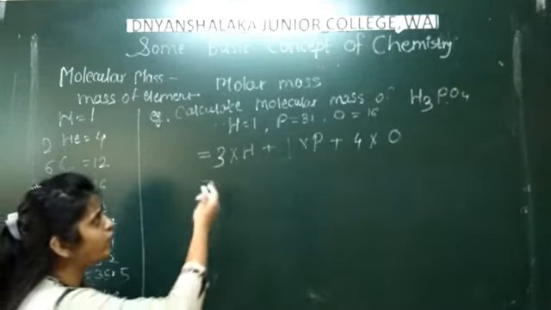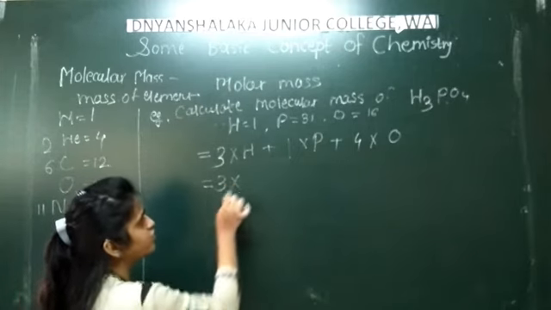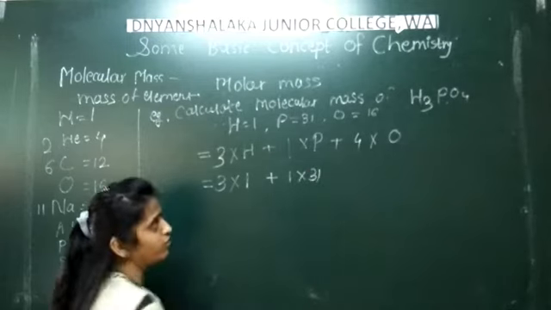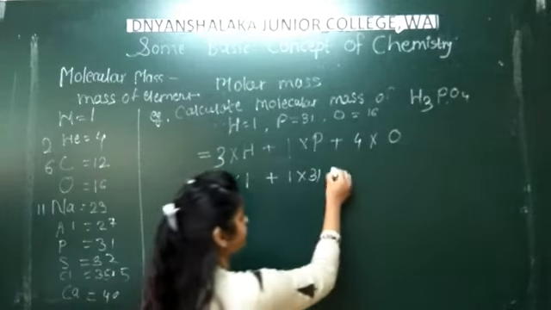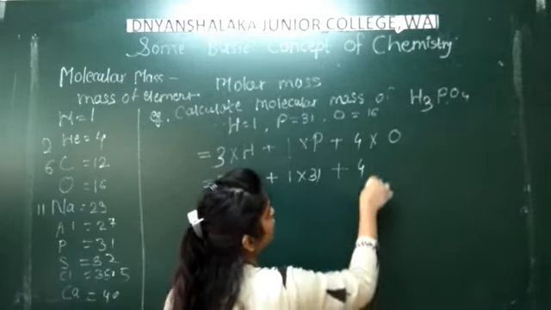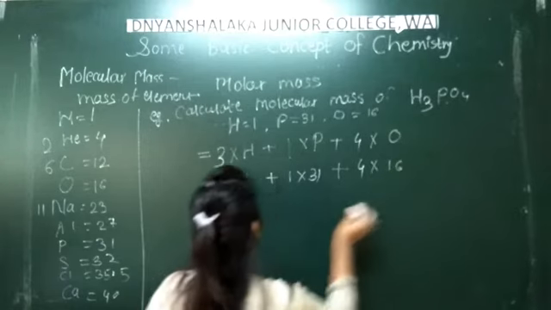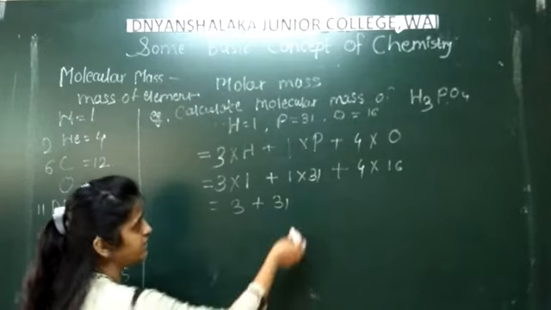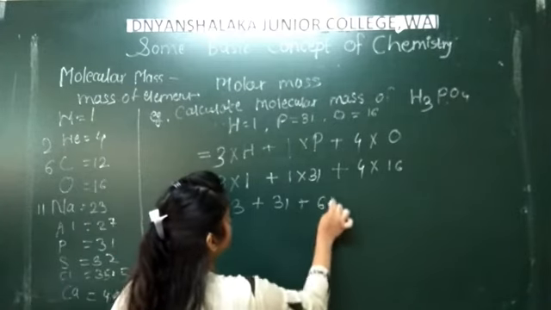So 3 ones are 3, 31 ones are 31 and 16 fours are 64.